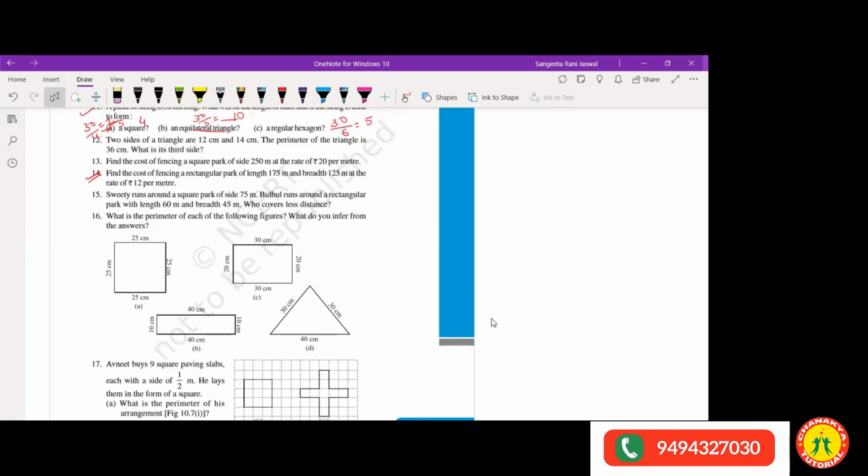Please do it properly now. There is no hurry in just giving me the answer. Do it properly and you will be showing me the notebooks. Write with proper statement. Length and breadth of the park is given and cost per meter is also given.